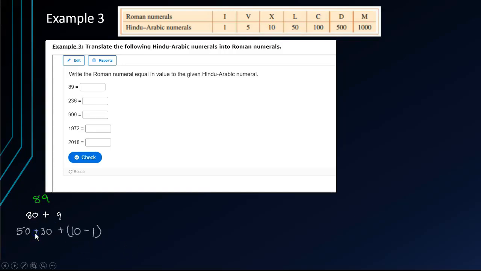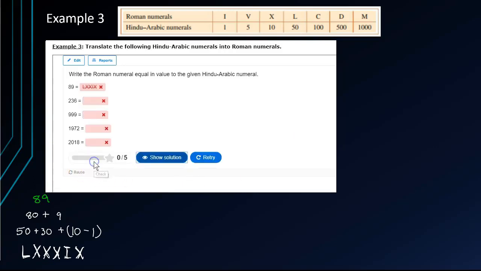The 9 would be a 10 minus 1, so this would be an L, 3 X's, and then IX to indicate the 10 minus 1. And so this would be LXXIX. And I always want to check it here. Oh, I have too few X's there. There we go.